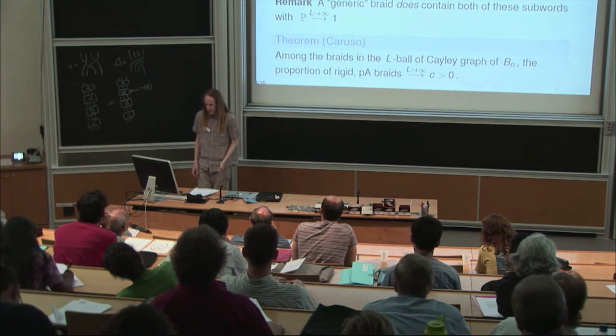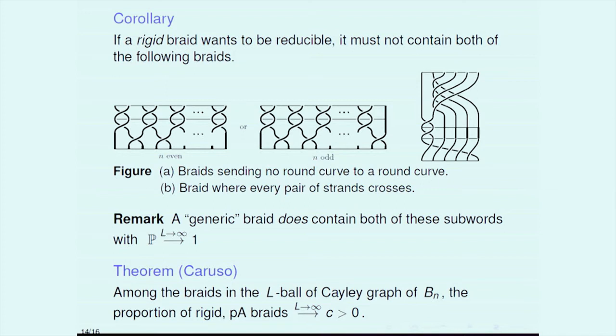So the theorem which we heard last night was: among the braids in the L ball, in the ball of radius L centered on 1 in the Cayley graph, the proportion of rigid Pseudo-Anosov braids is bounded below by some strictly positive constant. Why is that?